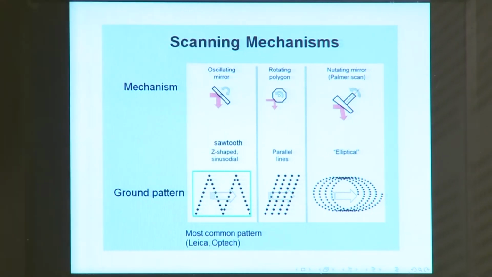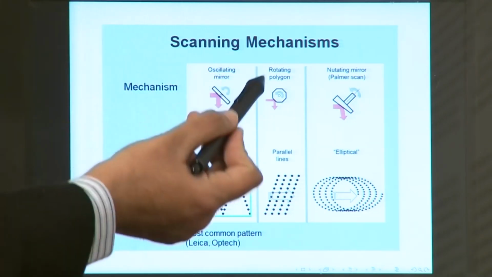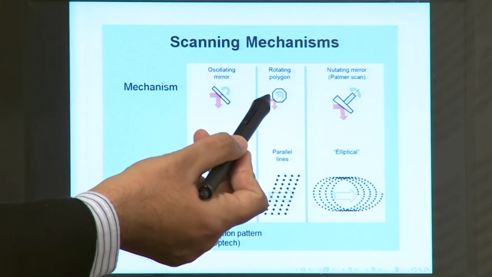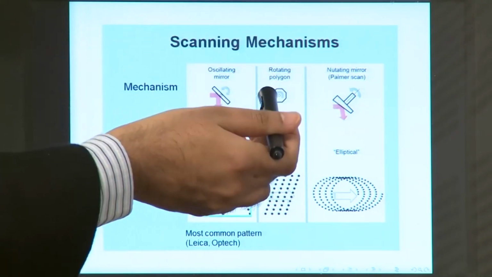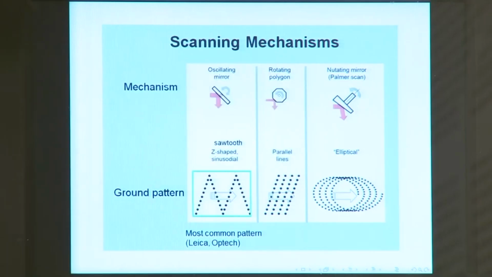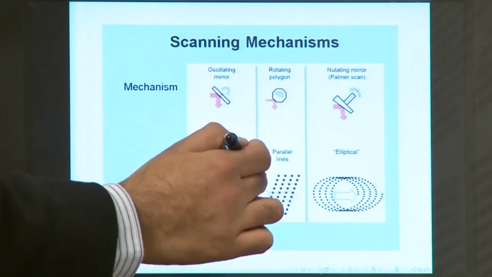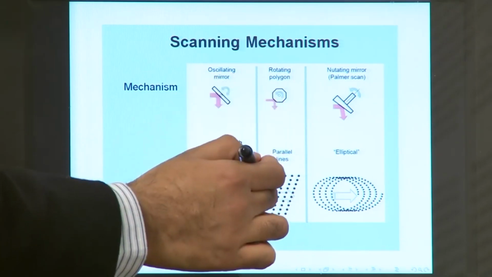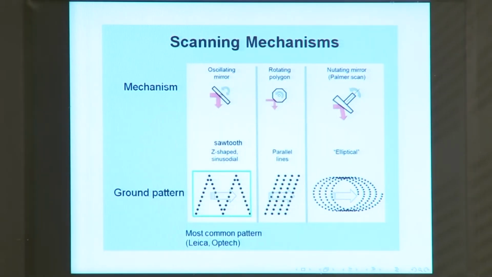Secondly, you can make use of a rotating polygon. In the case of the rotating polygon, the surface which is interacting with the laser leads to the reflection of the laser, and then the next surface comes, then the next surface comes. So, in this case you will be getting parallel lines. From the first surface you get this line, then from the next surface this one, then this one, and it goes like this.